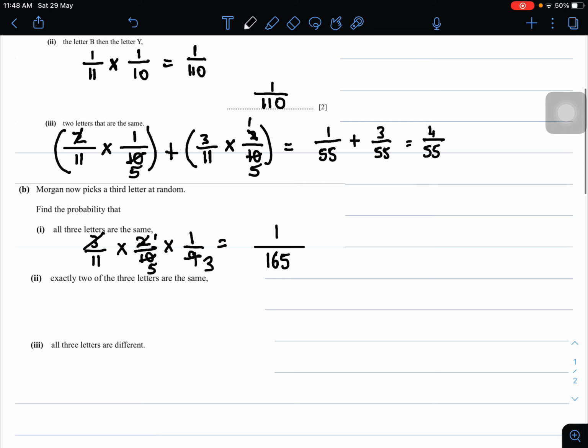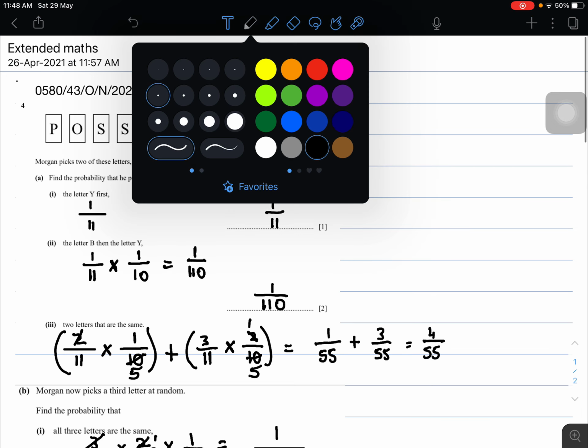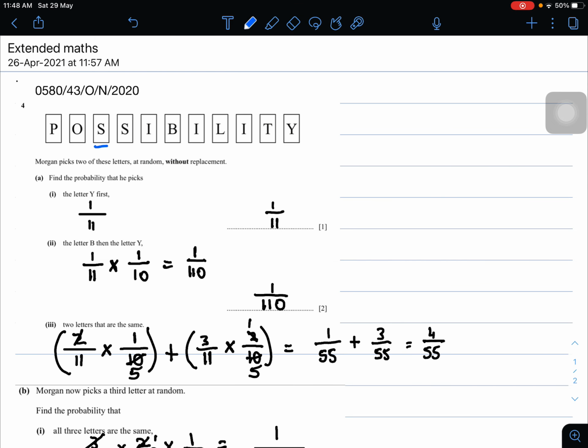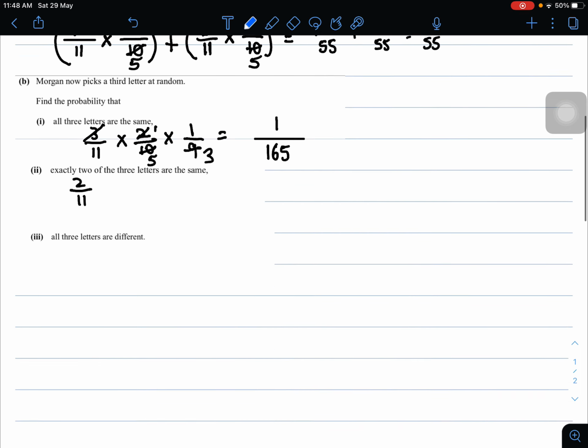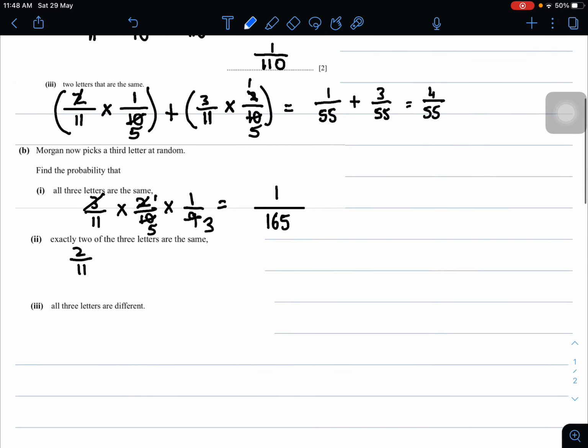So the probability for picking an S was 2 divided by 11, as you can see here. My bad, let's use a darker color. So there are 2 S's and there are 11 letters, therefore 2 divided by 11.